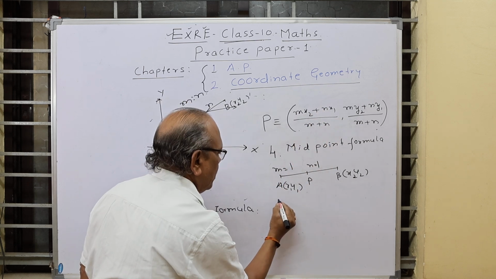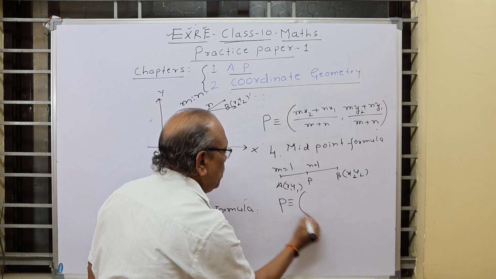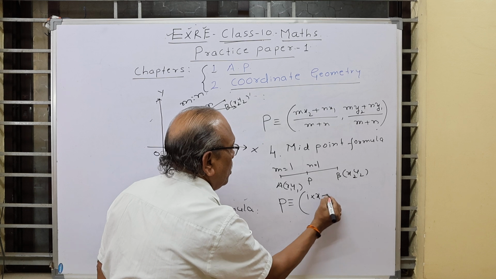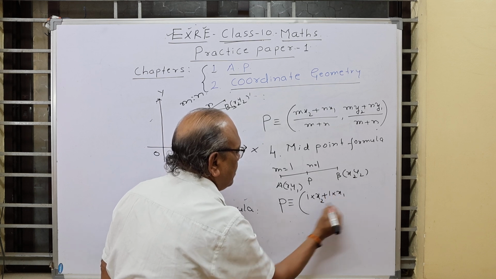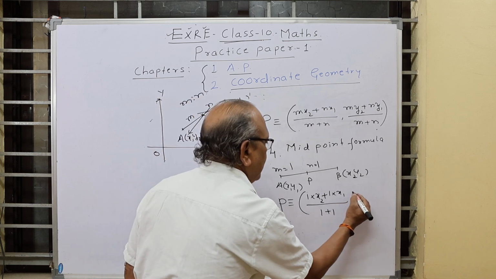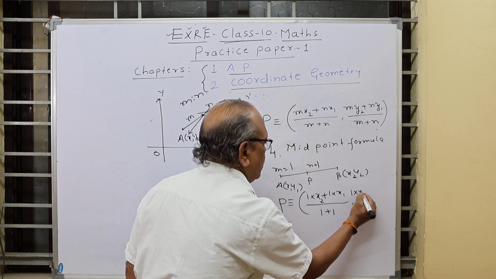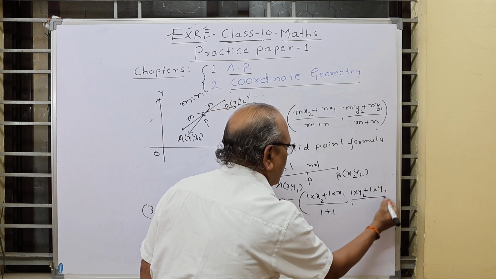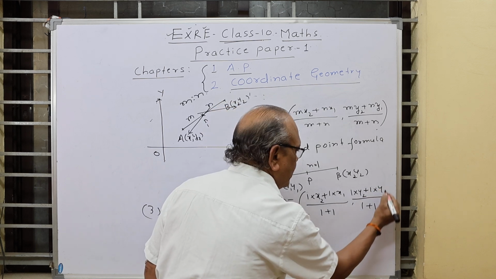Therefore the midpoint formula reduces to (1 into x2 plus 1 into x1) upon (1 plus 1). Similarly, (1 into y2 plus 1 into y1) upon (1 plus 1).